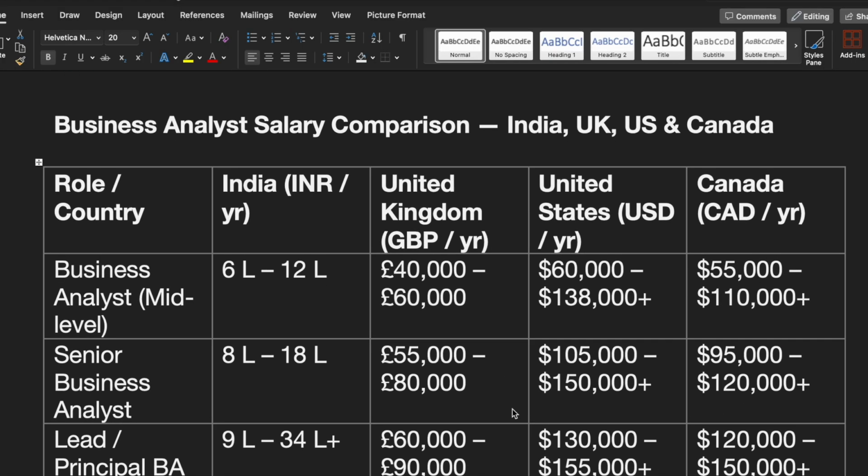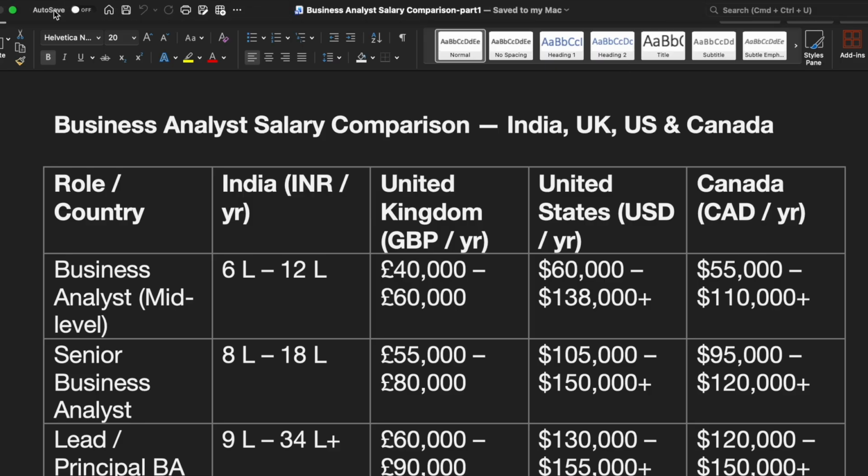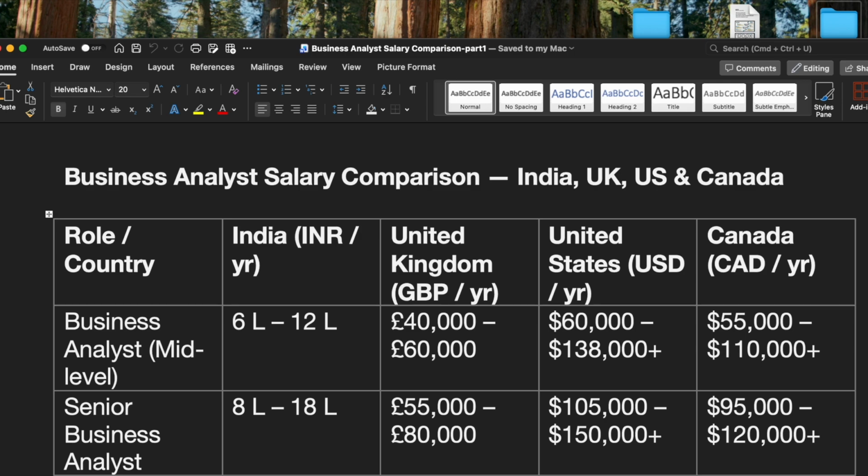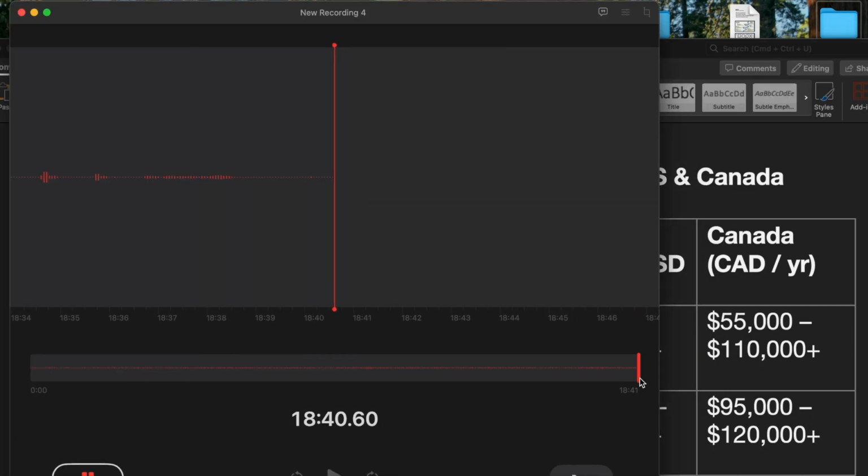I don't know if this is accurate, because I can only say 100% for the US and Canada. I just took this data from the internet, but just to give an idea, you can also search and get an idea.